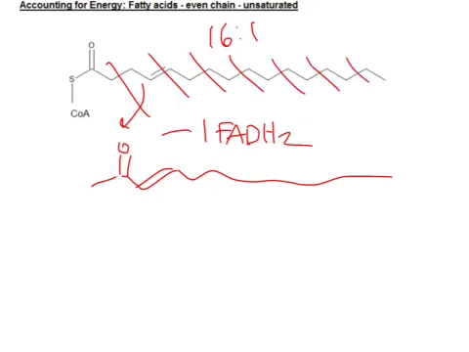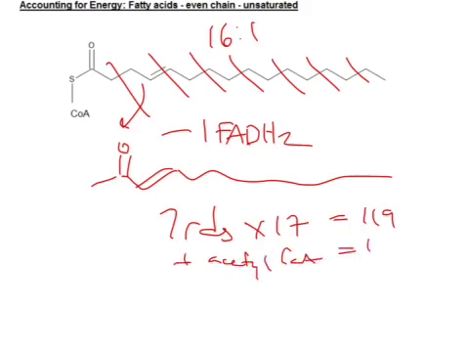You have 1, 2, 3, 4, 5, 6, 7 rounds times 17 ATP. That's 119 plus acetyl-CoA.